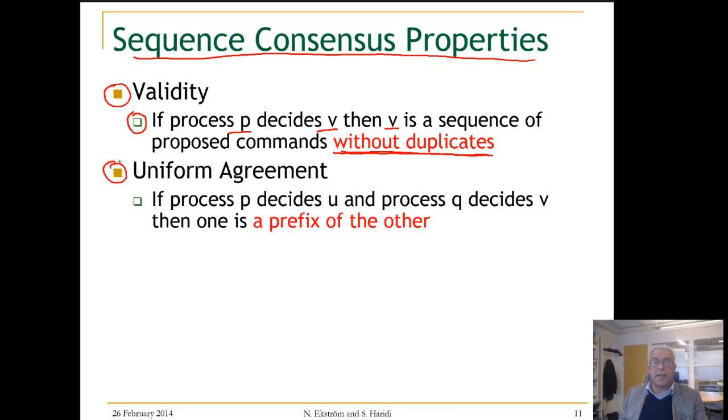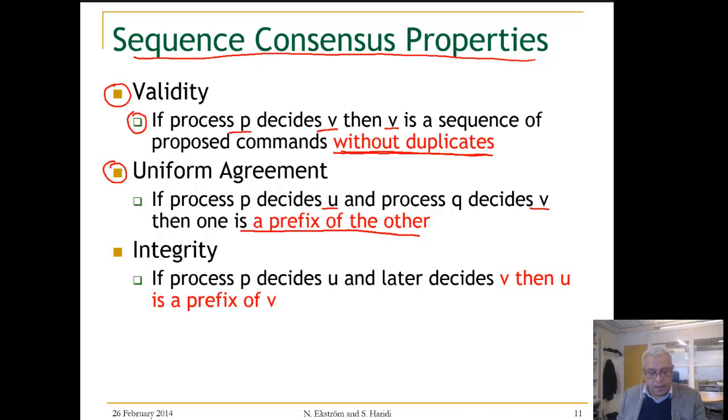Uniform agreement now. If a process P decides on a value U, and another process Q decides on a value V, then we want to guarantee that one of these is a prefix of the other. Prefix is like an initial sequence of the other, basically. Then integrity, and that is quite interesting.